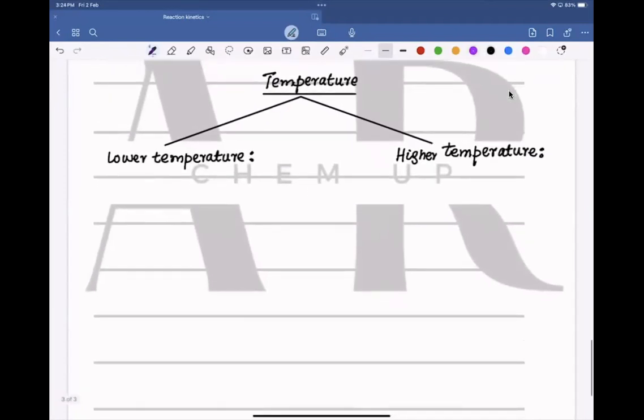So at lower temperature, particles have lower kinetic energy.